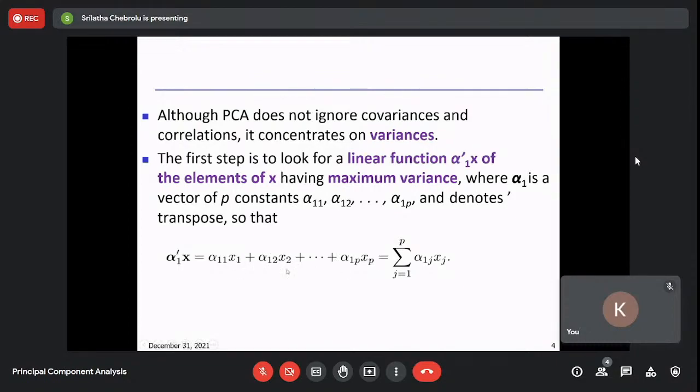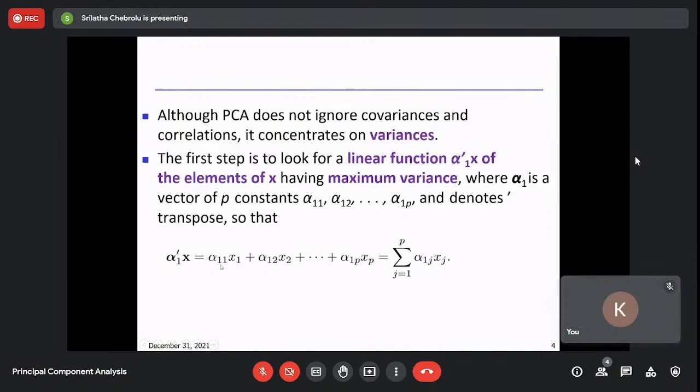Our objective is to find this alpha 1, that is, the first principal component. There are p features, and it is a linear combination of these p features.